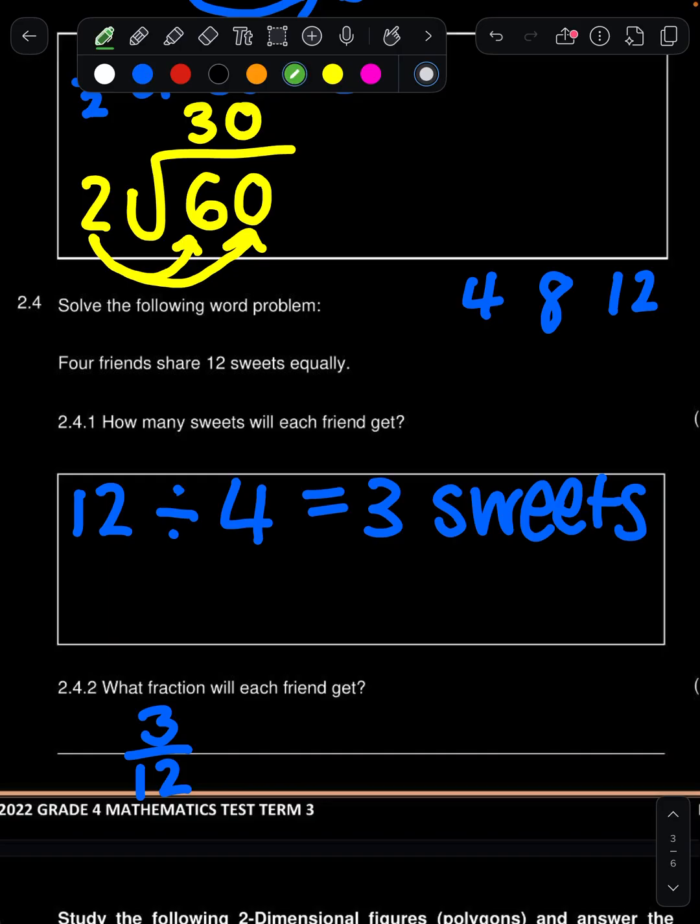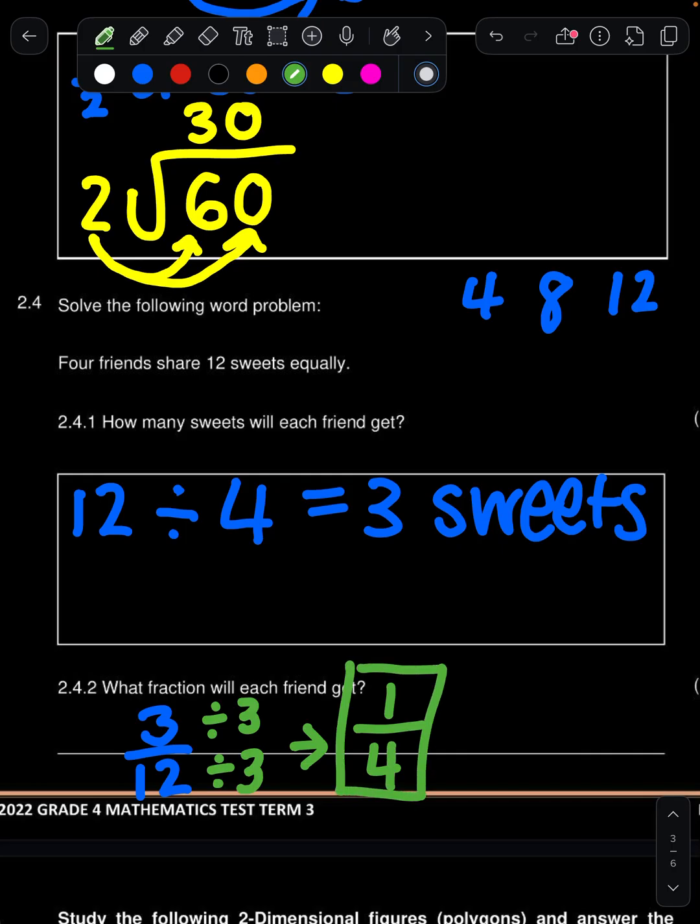An equivalent fraction is where I could divide the top by 3 and the bottom by 3. We always divide by the same number. And we would get 3 divided by 3 is 1, 12 divided by 3 is 4. So each friend gets 1/4 of the sweets. But either of these answers would be right here.